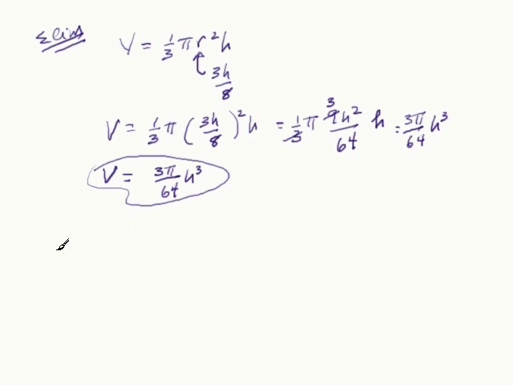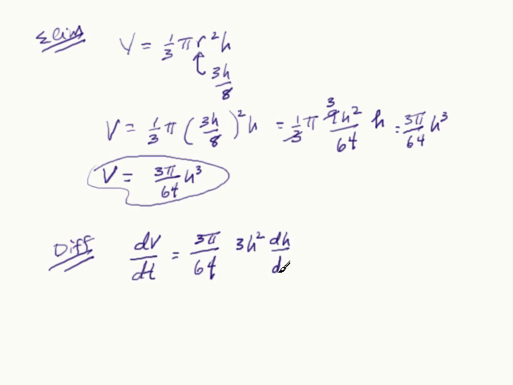Now we're going to do the differentiate step, so we'll have something relating dV/dt and dh/dt. dV/dt is equal to 3 pi over 64 times 3h squared dh/dt. Just multiply the two 3's together, so we have 9 pi over 64 h squared dh/dt, and that's dV/dt.